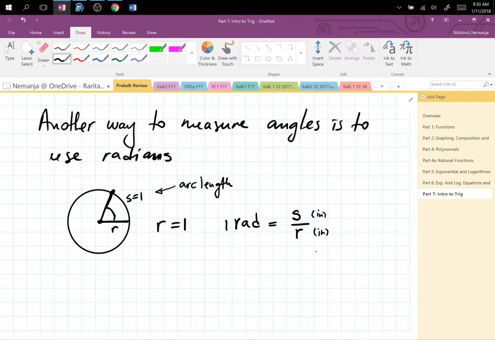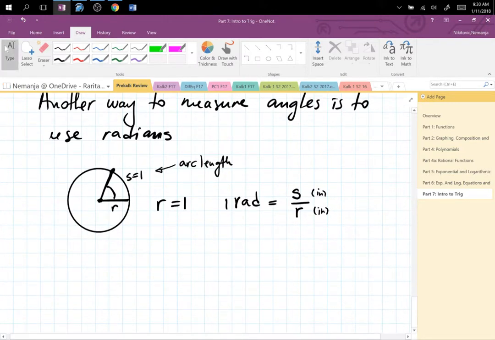When you measure it, you can use whatever units you want. And 1 divided by 1 is 1, so 1 radian. Now, we actually never use 1 or 2 radians or 3 radians as a measure of anything. We use divisions by pi.